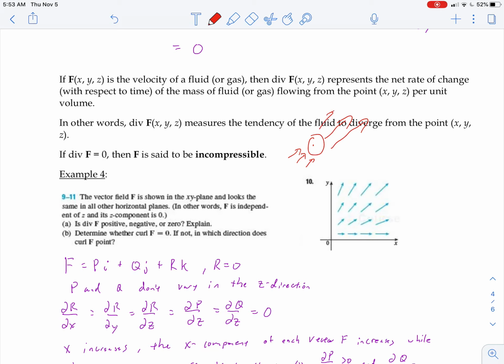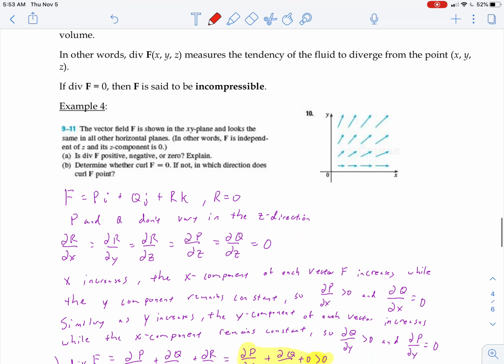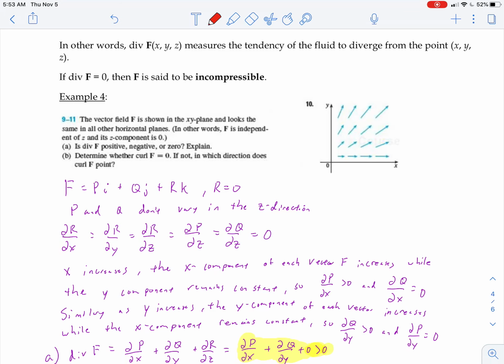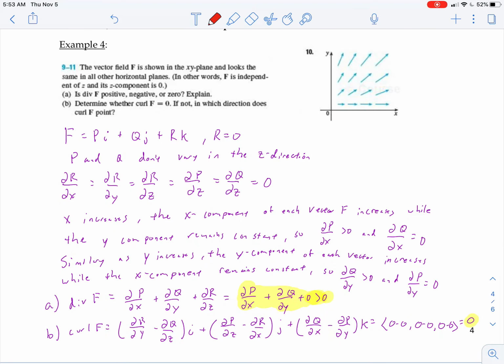Then your divergence is said to be positive. More fluid is leaving than entering. Again, they're said to be incompressible when the divergence of F is equal to 0. I kind of said that, so hopefully you understand. I might go over that before class starts today too.